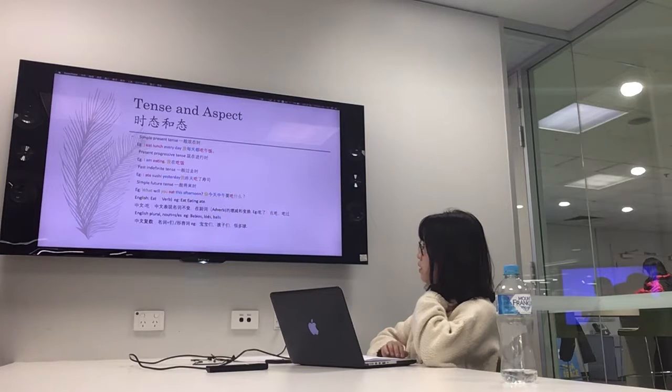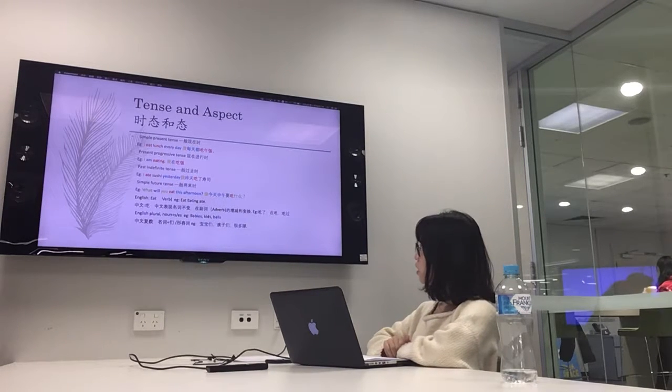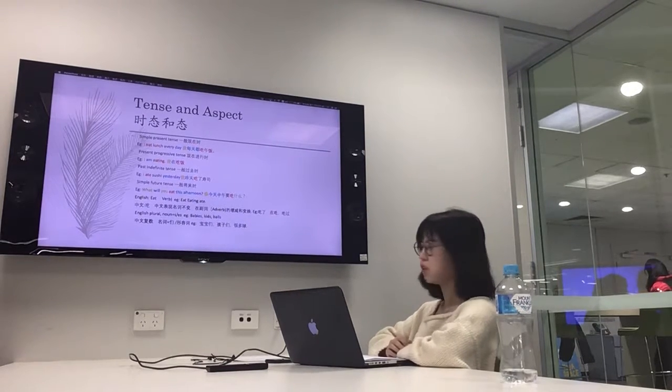And when we say the present progressive tense, like I'm eating, with ing, in Chinese it is 我在吃饭, using 在. And then the past tense, like I ate the sushi yesterday. I ate in Chinese is 我吃了.